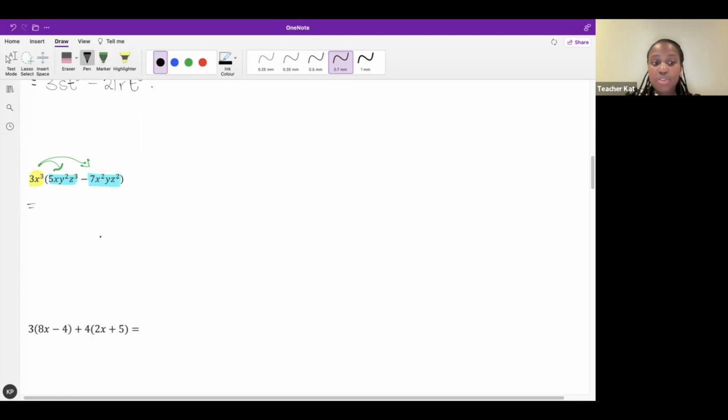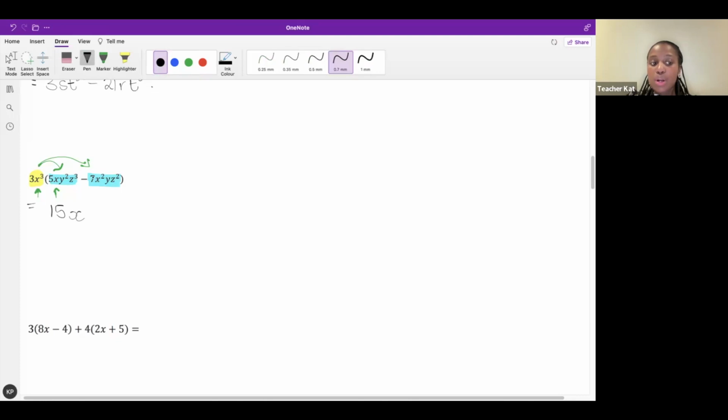And then 3 times 5. What is my number? It's 15. Now, let's look at our x's. I have an x outside my bracket there and an x inside the bracket. When we distribute, which operation are we using? We are multiplying, right?